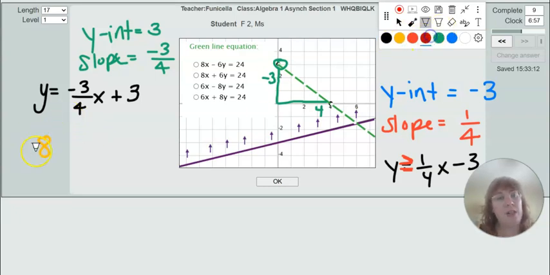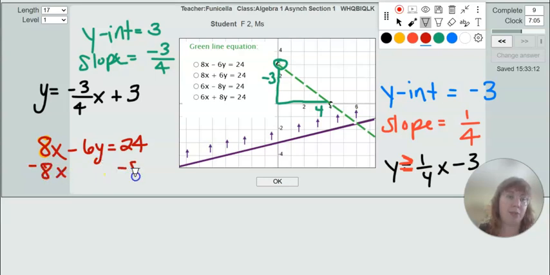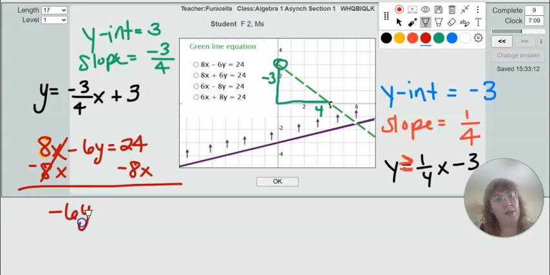So the first one is 8x minus 6y equals 24. We would subtract 8x on both sides to get it into slope-intercept form. -6y equals -8x plus 24. And then divide everything by -6.